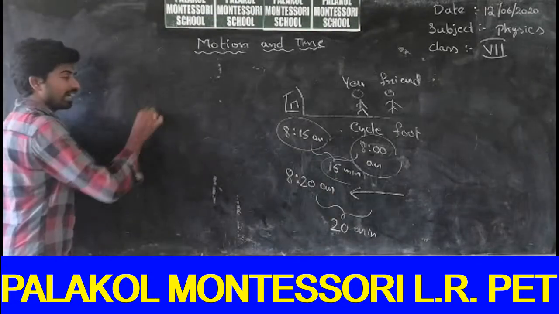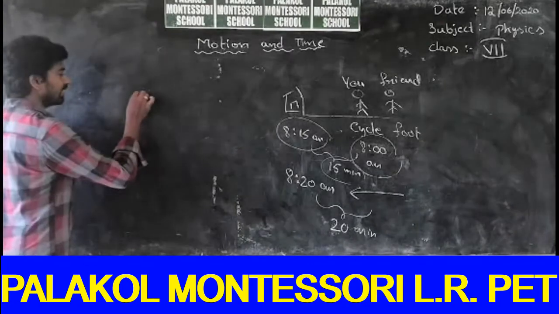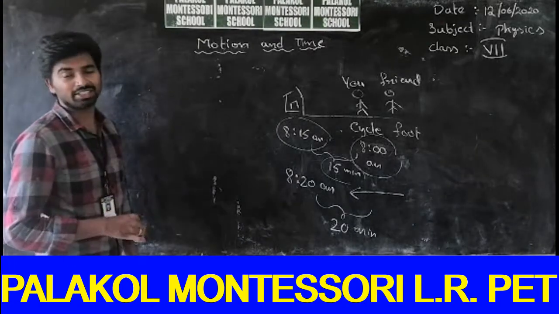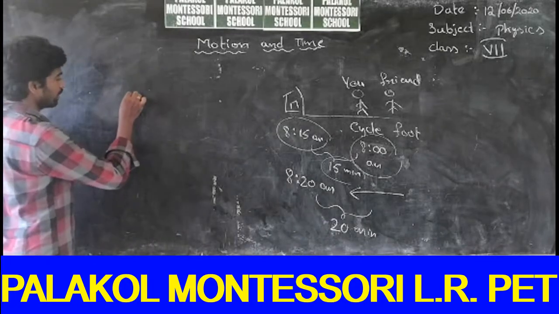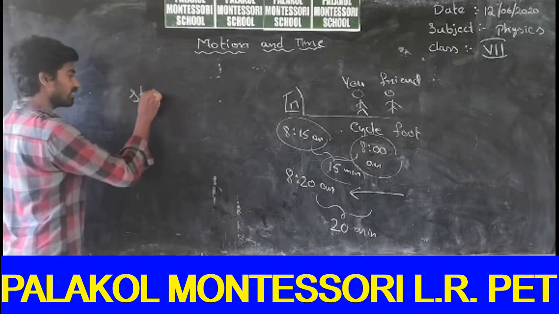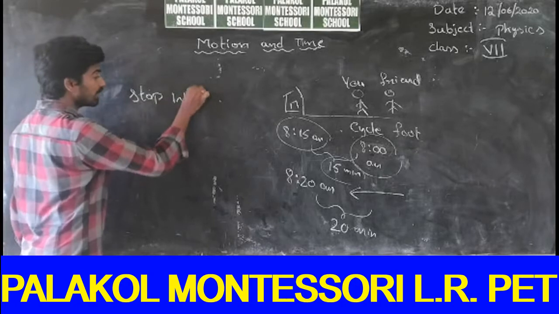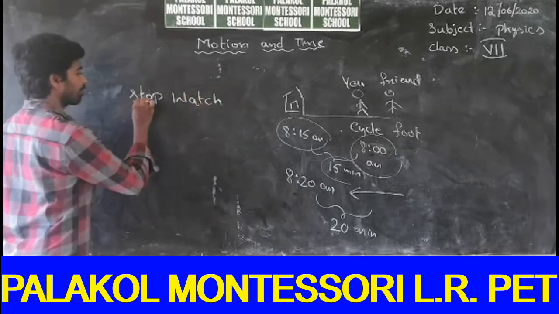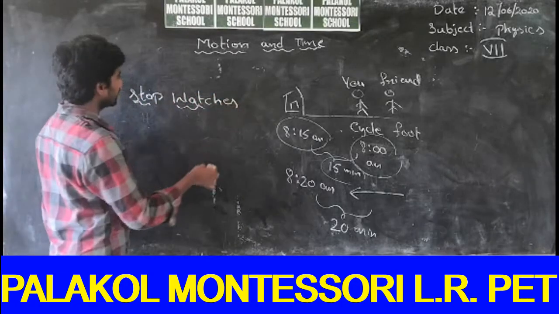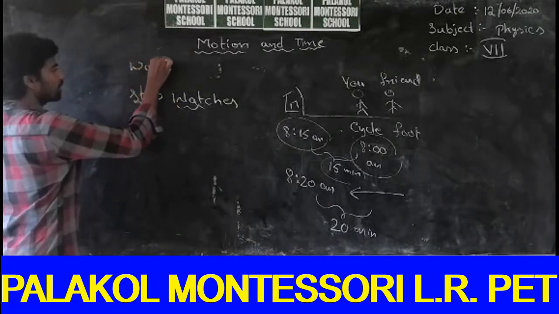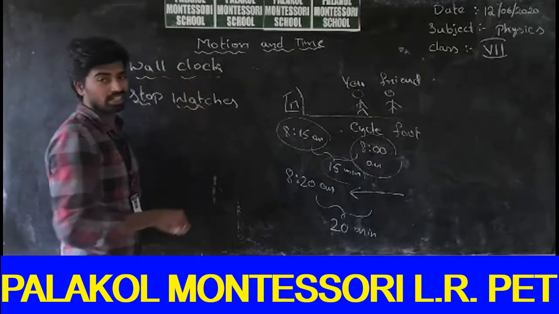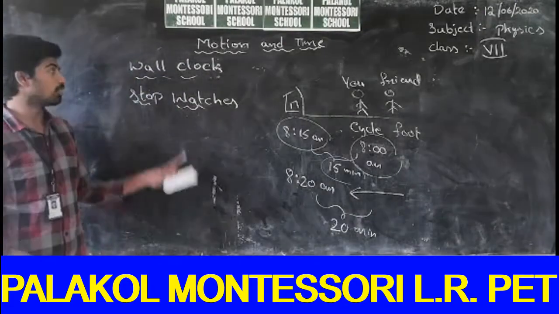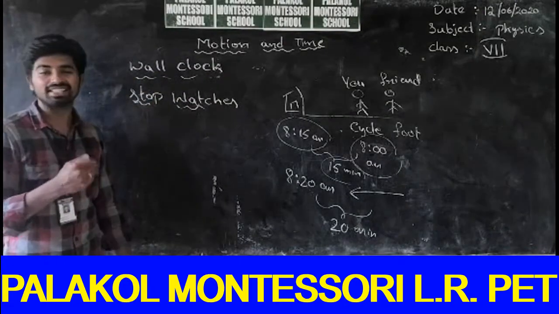There is also another device to measure time. The measurement device is the stopwatch. We have seen some stopwatches. So what is the difference between the wall clock and the stopwatch? A wall clock will give the exact time.